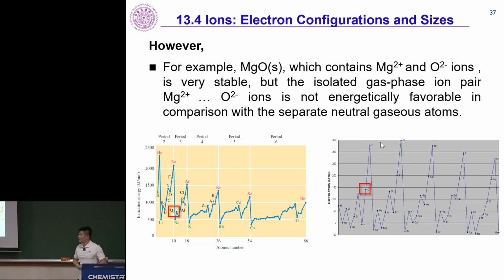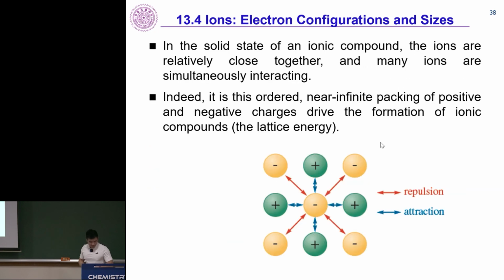And this is a trick: the formation of the corresponding ionic compound requires small steps in addition to just the simple electron transfer. And in the solid state of an ionic compound, the ions are relatively close together, and many ions are simultaneously interacting, right? A picture like this.